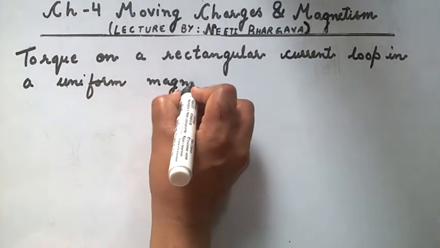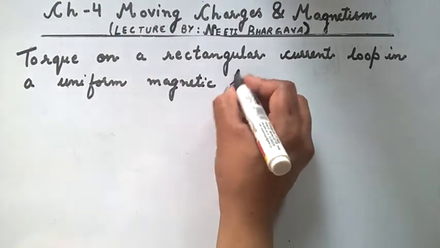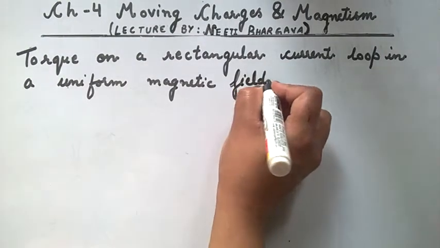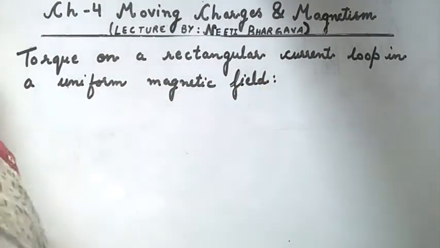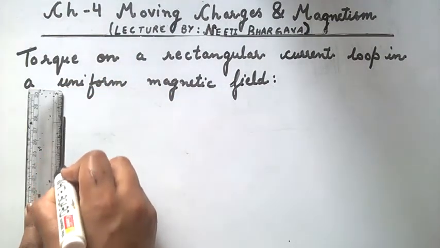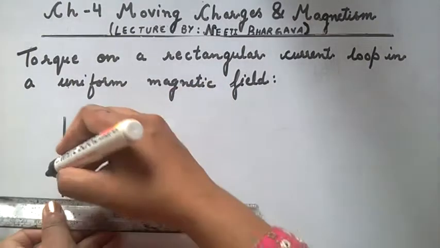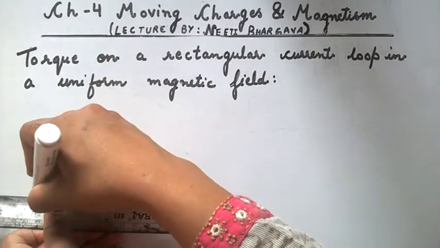For this, let's consider planar poles of magnet, which gives uniform magnetic field.